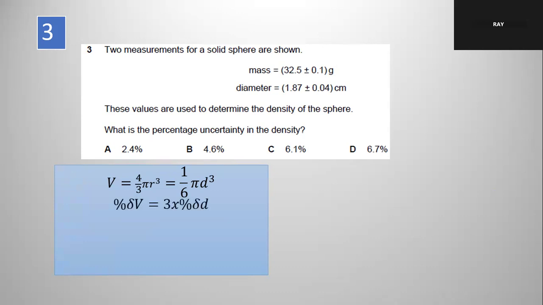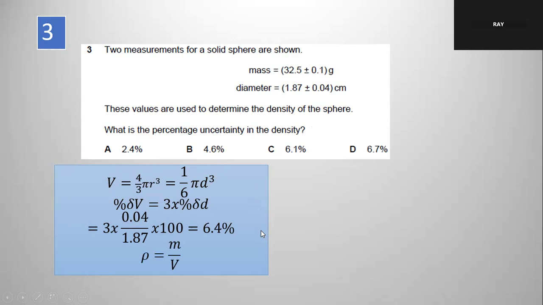So your percentage uncertainty in volume equals 3 times the uncertainty in diameter. So 3 times 0.4 divided by 1.87 equals 6.4%.